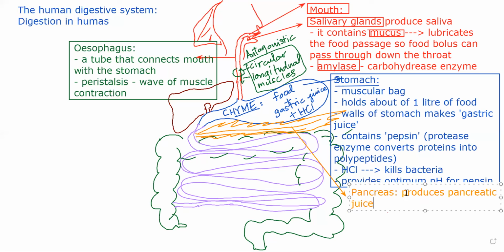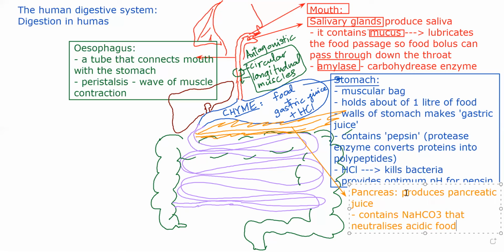This pancreatic juice contains what? It contains sodium hydrogen carbonate, NaHCO3. What does it do? It neutralizes acidic food, because from the stomach, acidic food is coming.